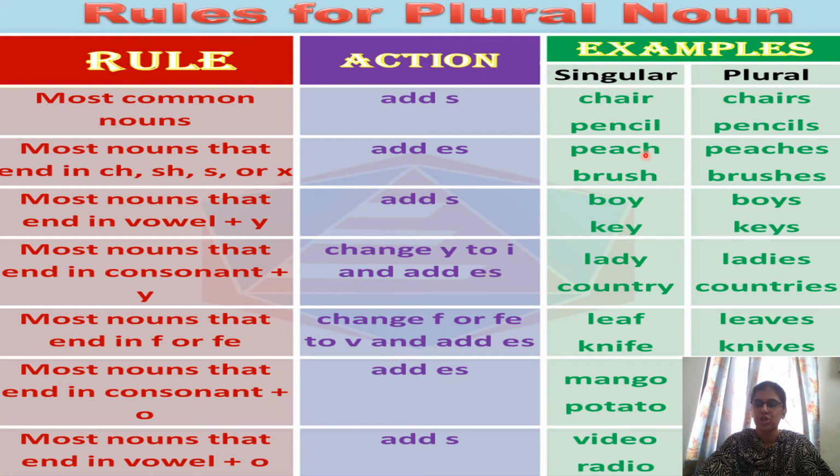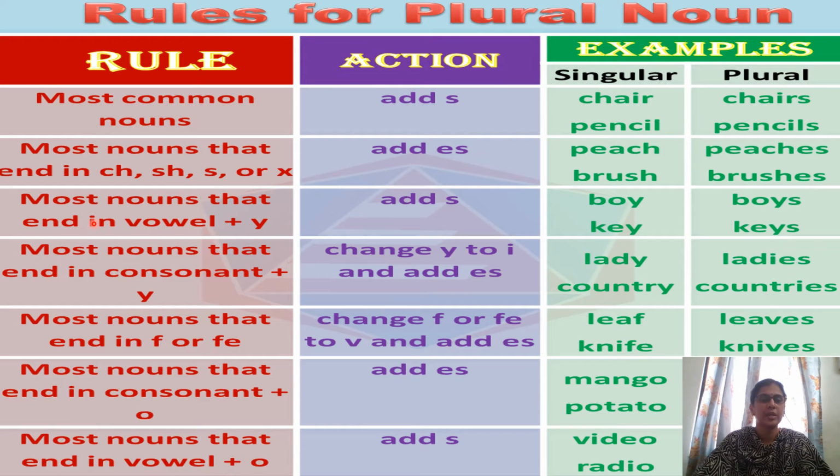Example, peach. If you see peach, at the end of the word you see CH, it ends with CH. So for your plural, you will be adding ES. P-E-A-C-H-E-S. Same way brush, it ends with SH. So at the end of the word we add ES, it becomes brushes.